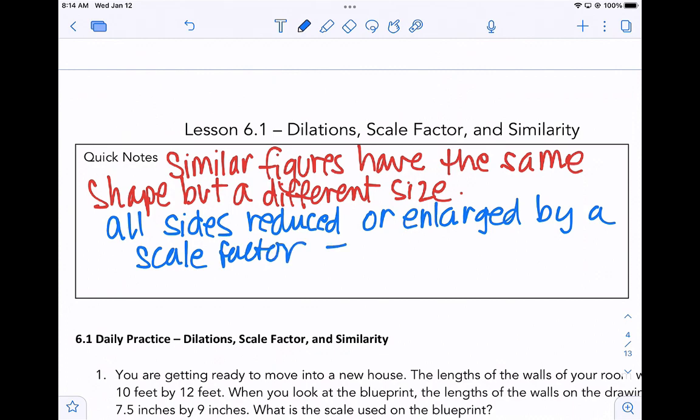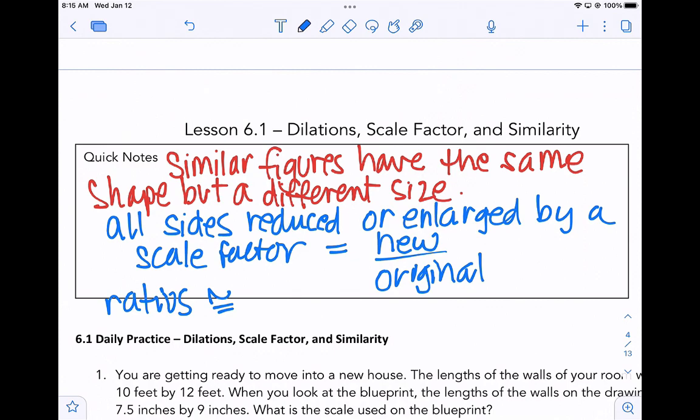A scale factor you can calculate by figuring out your new ratio or your new measurement to the original. And we'll talk about that in subsequent days. Ratios of sides stay the same. Angles also stay the same. So ratios are congruent and angles stay congruent.